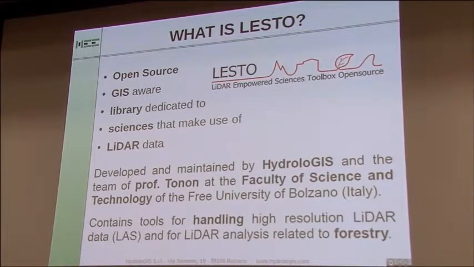So L.E.S.T.O is an open source GIS-aware library dedicated to sciences that make use of LiDAR data. It is developed and maintained mainly by HydroloGIS and the team of Professor Tonone at the Faculty of Science and Technology of the Free University of Bolzano in Italy, and it contains tools for handling high-resolution LiDAR data and for LiDAR analysis related to forestry.